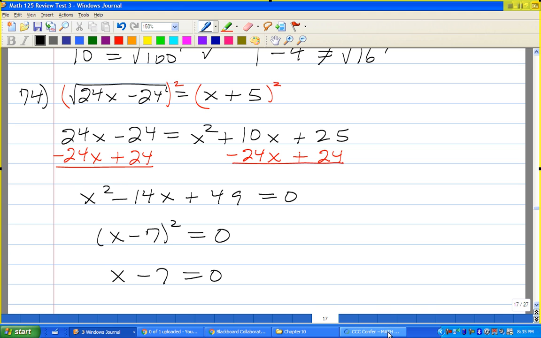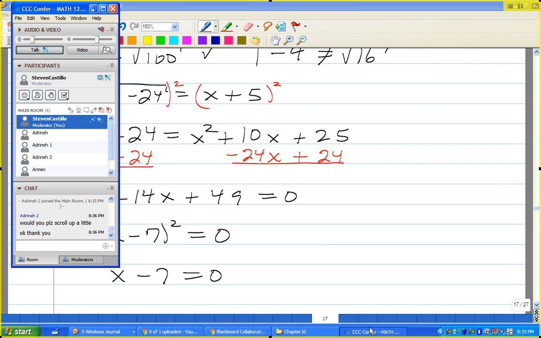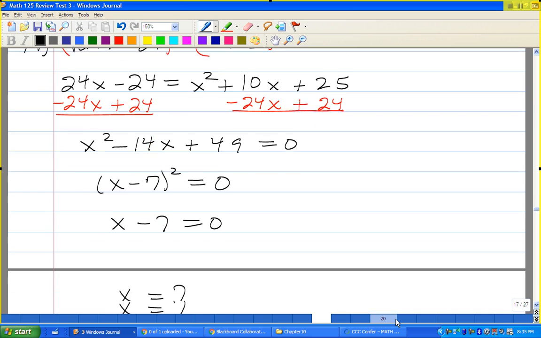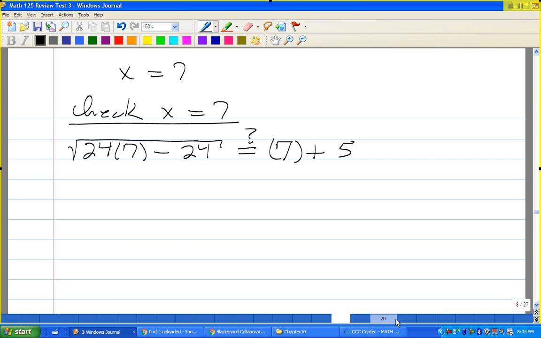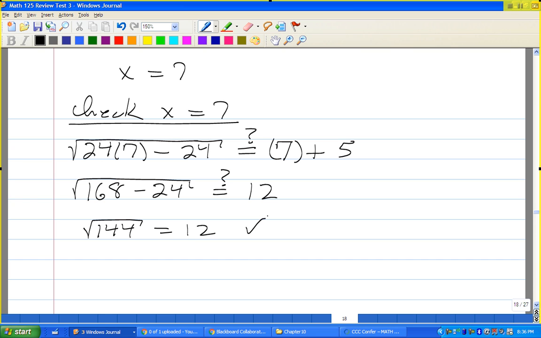Okay, good. So now let's check. Is the square root of 24 times 7, 168, minus 24, equal to 7 plus 5, 12? Is the square root of 144 equal to 12? Yes. Therefore, x is equal to 7.